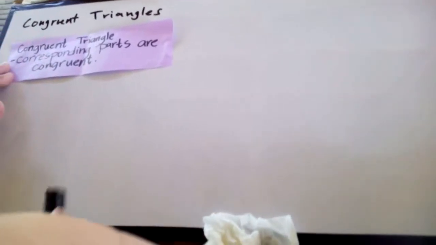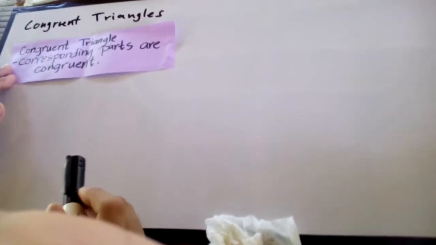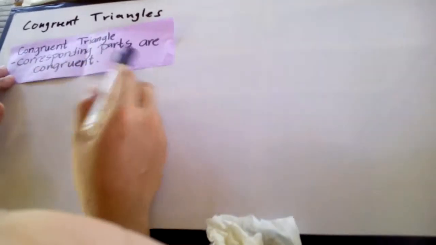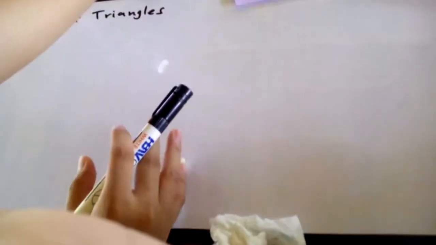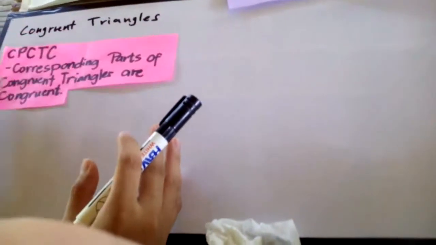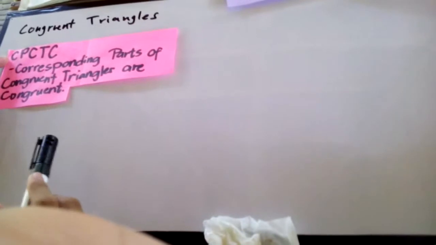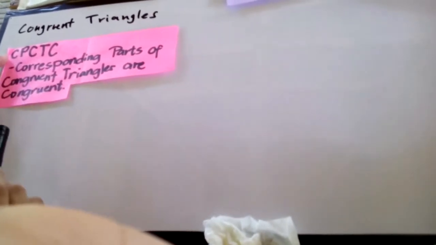Congruent triangles are two triangles that are congruent if their corresponding parts are congruent. And here we have the acronym CPCTC, meaning corresponding parts of congruent triangles are congruent, which is used to state the definition of congruent triangles.